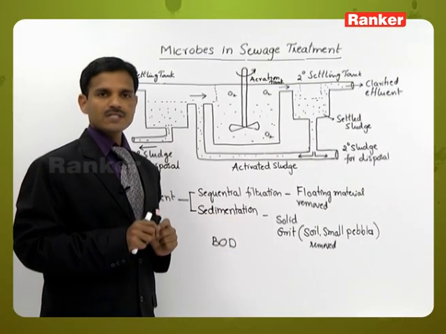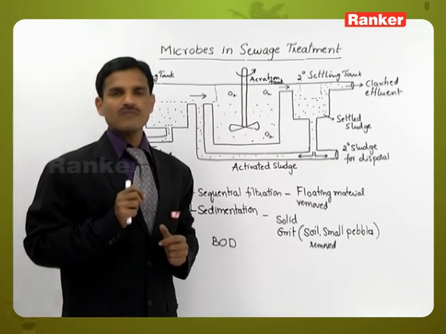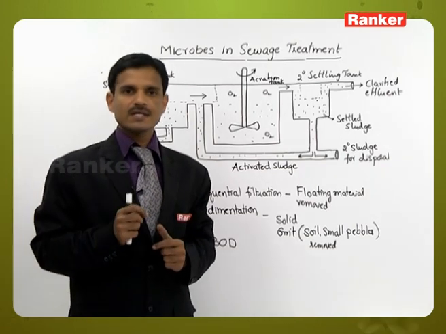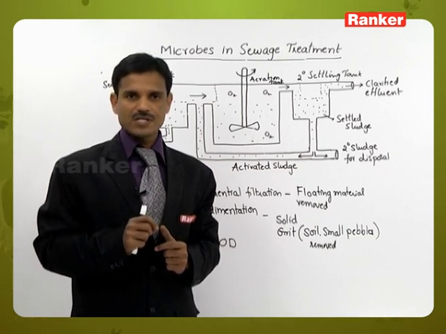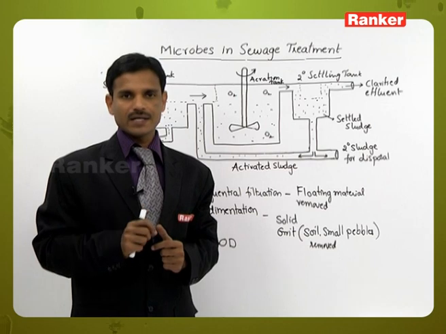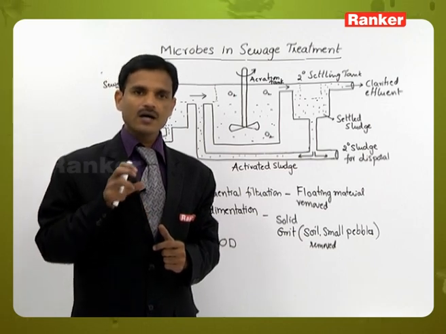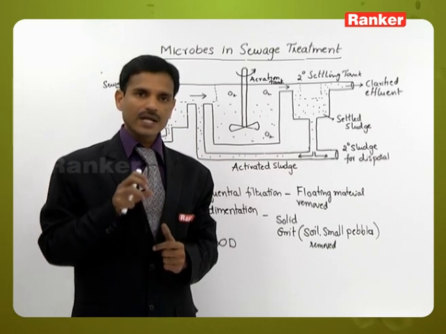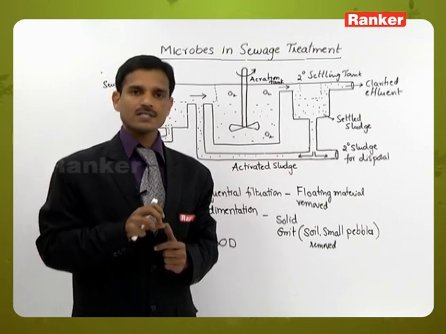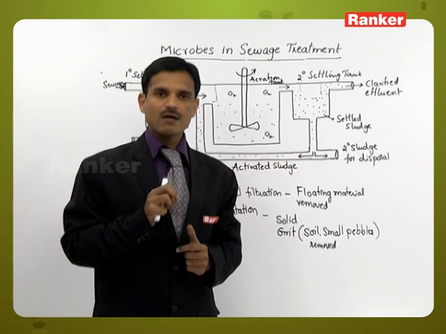The BOD is the required amount of oxygen to oxidize the organic material present in 1 liter of sewage or water by bacteria. The bacteria consume some oxygen to oxidize the organic material. So the required amount of oxygen is called BOD, biological oxygen demand.